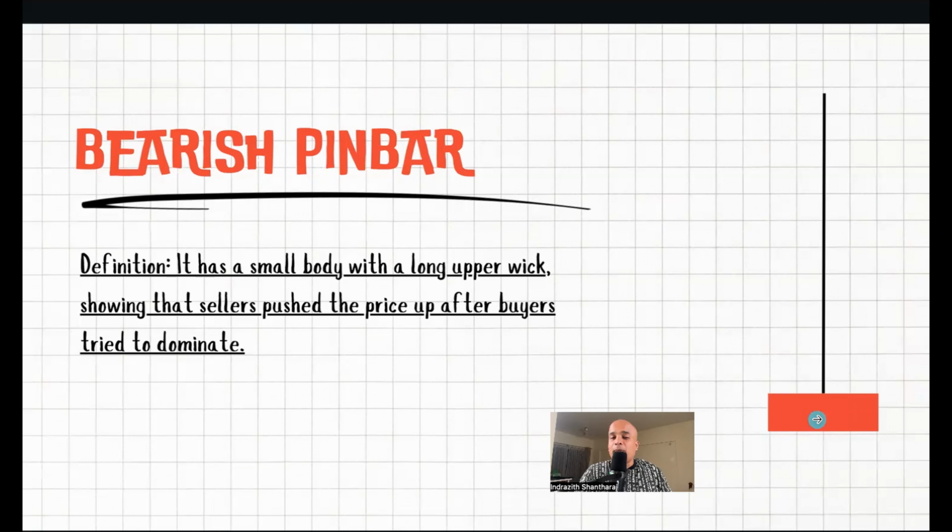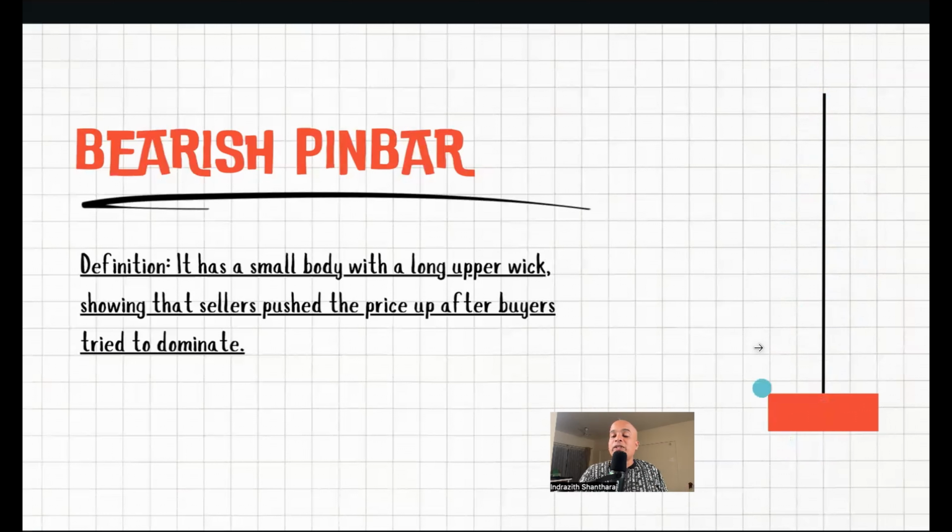So this is a bearish pin bar. In a bearish pin bar, the candle body will be very, very small, and it will have a big wick on the upside. What this indicates is price opened at this level. Buying pressure pushed the price till this level, but there are very strong sellers sitting at this level, and their selling pressure negated all the buying pressure and pushed the price downside, and it closed below the open level.